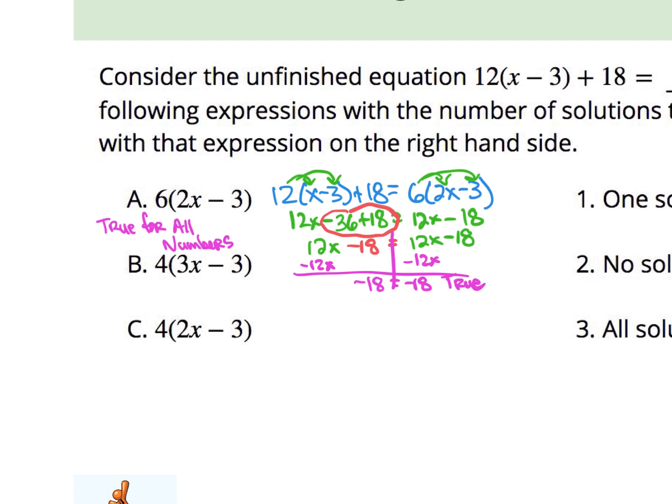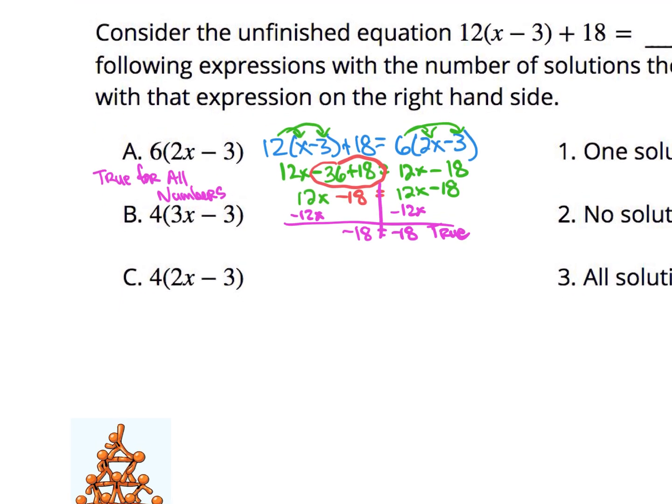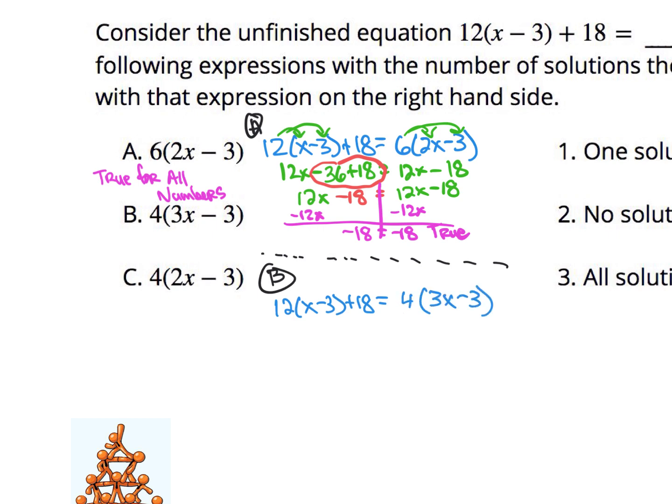All right, so let's do the same thing. I'm going to put some dotted lines underneath it. So this was A. Let's do B. So we're going to have 12(x minus 3) plus 18 equals 3(x minus 3). Let's multiply in our 12. We're going to have 12x minus 36 plus 18.